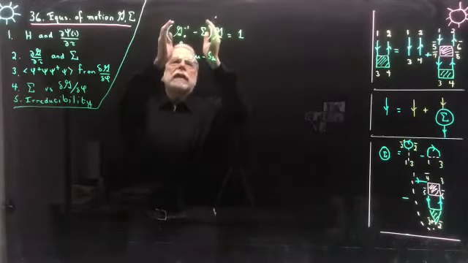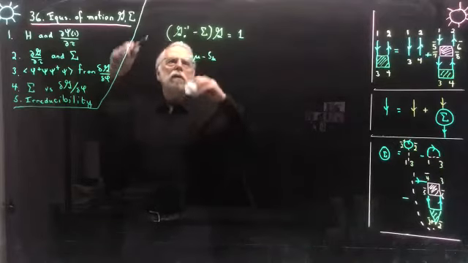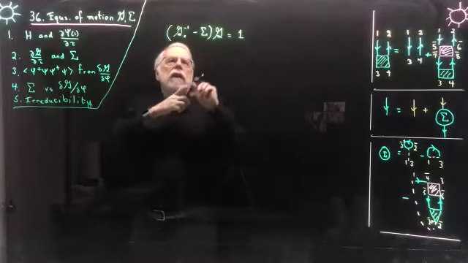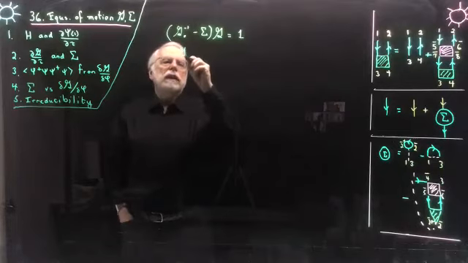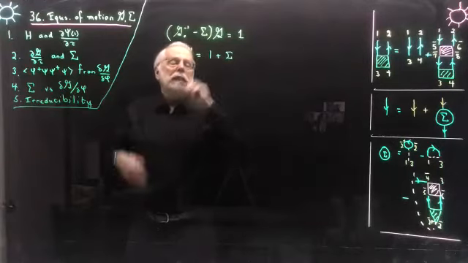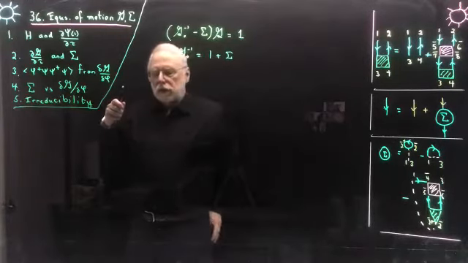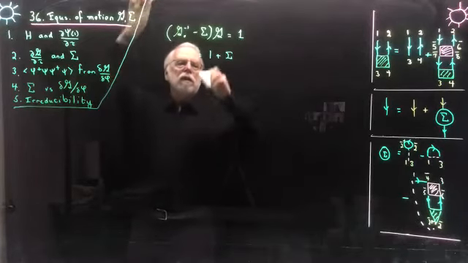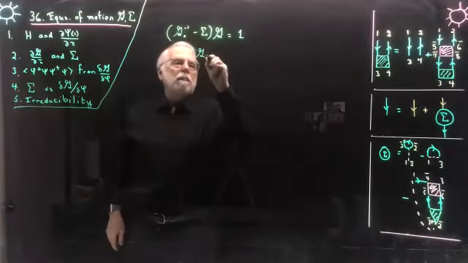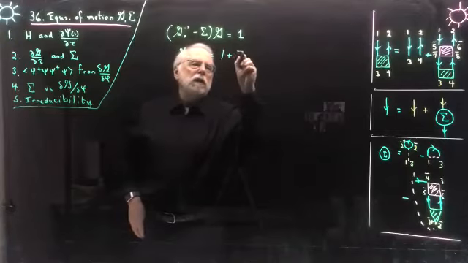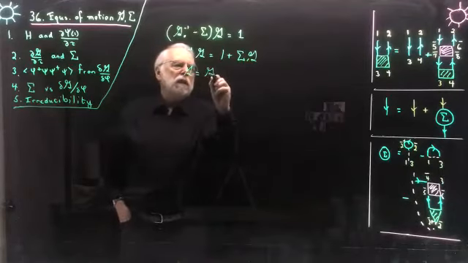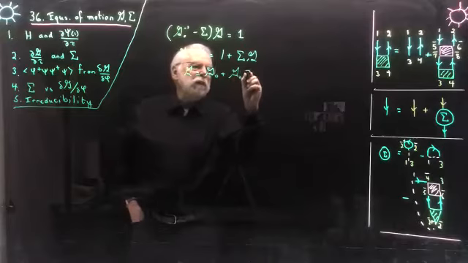So I can rewrite this differently. I can write that G0^-1 times G is equal to 1 plus sigma G. So that G is G0 plus G0 sigma G.